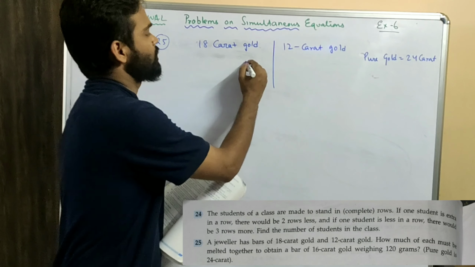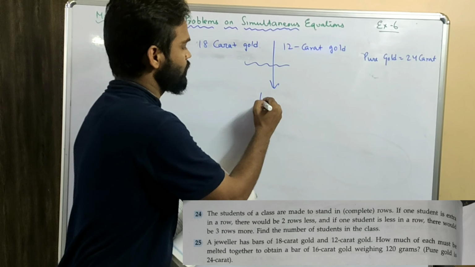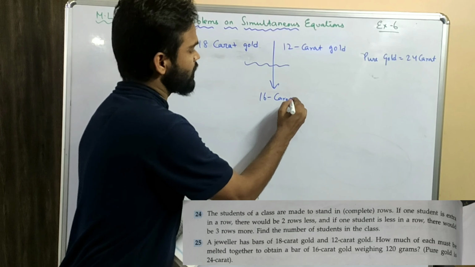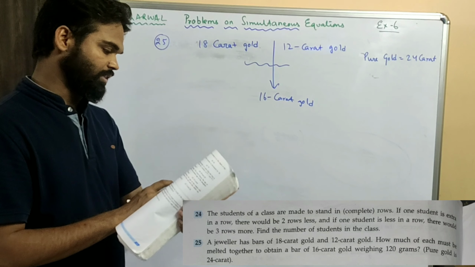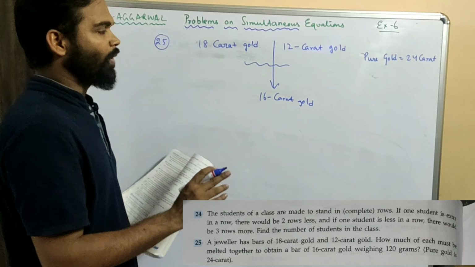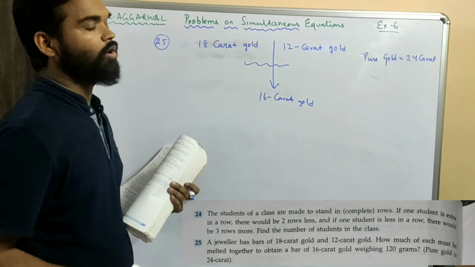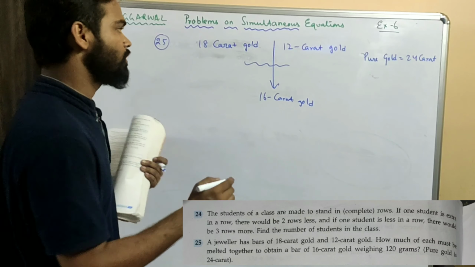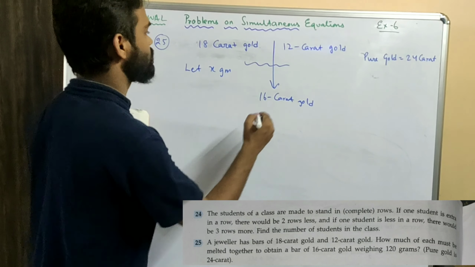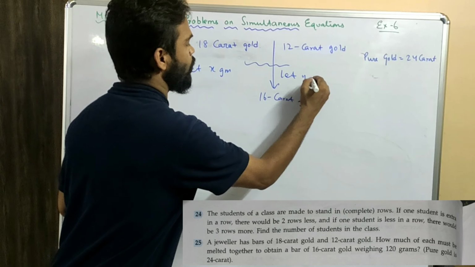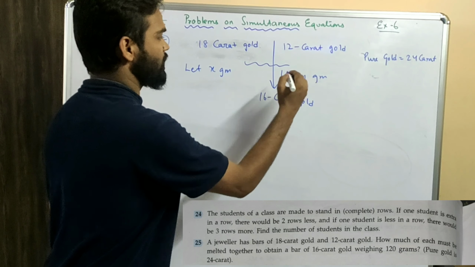You melt it together and you will get 16 karat gold. One thing you must know is that pure gold is 24 karat. Now look, let x gram be melted, and over here let y gram be melted.